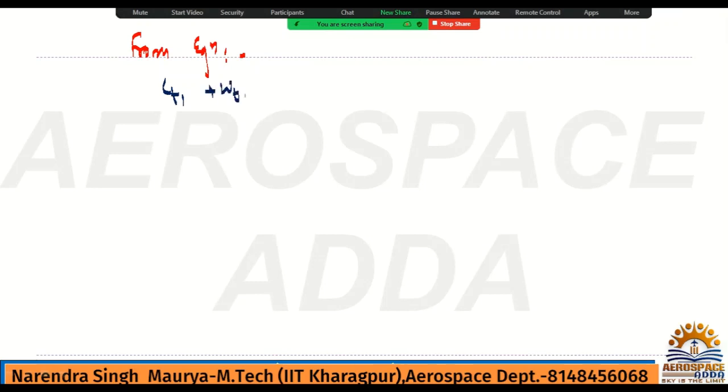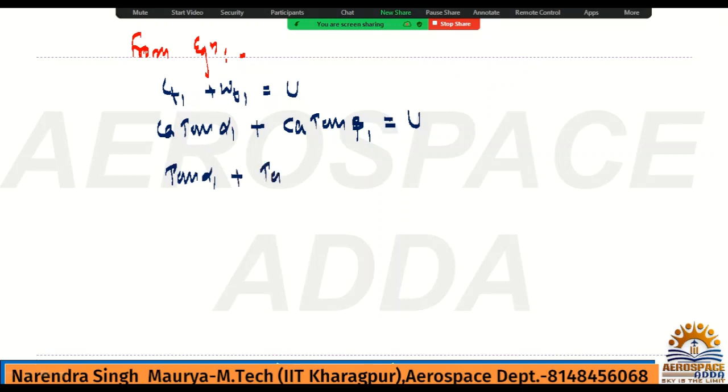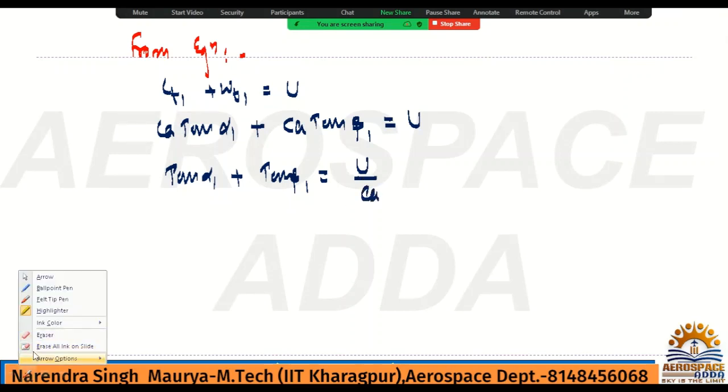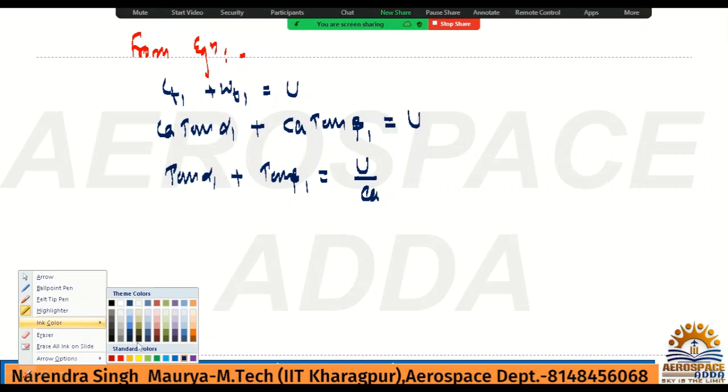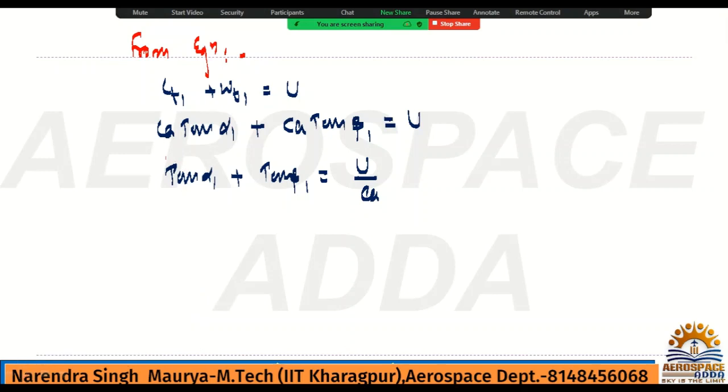CT1 plus WT1 is equal to U. It is CA tan alpha 1 plus CA tan beta 1 is equal to U. Tan alpha 1 plus tan beta 1 is equal to U by CA. This is also very important relation. Okay. Whatever the box I am giving, it is very useful formula for the numerical.